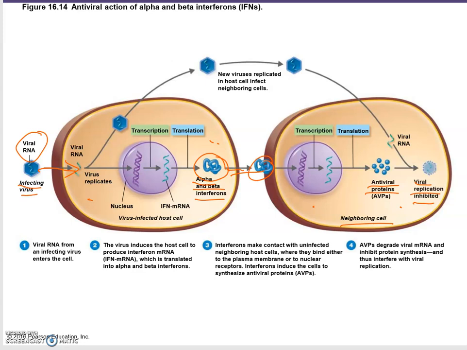So it's probably a delivery issue, because you won't be able to get it exactly to the tissue where you would need it. There are some questions around that, but unfortunately the big hope that alpha and beta interferons would be our cure-all for viral diseases, so we wouldn't have to deal with them anymore, has not panned out. On the other hand, together with other antiviral medicines, it can actually really help.